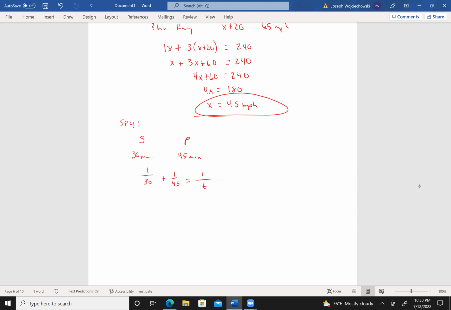So I need to find a common denominator. And it looks like 90 will work. So this will be 3 over 90 plus 2 over 90 equals 1 over t. So I have 5 over 90 equals 1 over t.